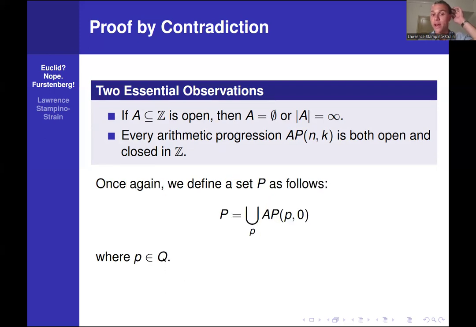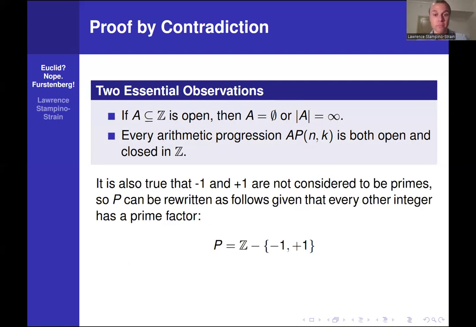Once again, we define a set P as follows: it's the union of all arithmetic progressions of prime numbers, where p, again, is an element of Q because p is a prime number. It is also important to remember that -1 and +1 are not considered to be primes. So along with our first definition of P, we can rewrite P as follows, given that every other integer has a prime factor.